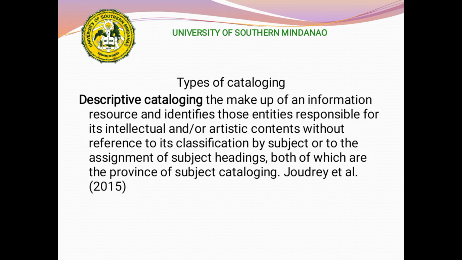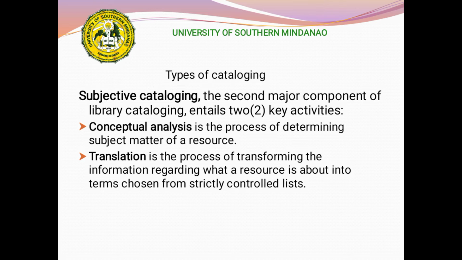Descriptive cataloging describes the makeup of an information resource and identifies those entities responsible for its intellectual and or artistic content, without reference to its classification by subject or to the assignment of subject headings, both of which are the province of subject cataloging, according to Chaudhry et al., 2015.